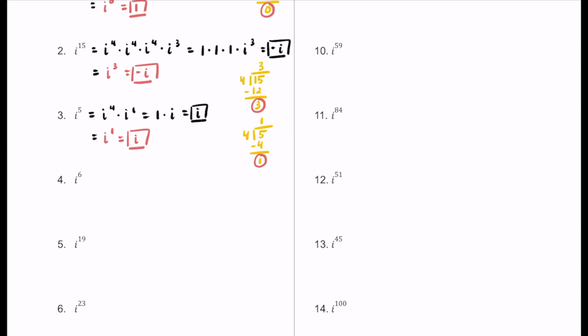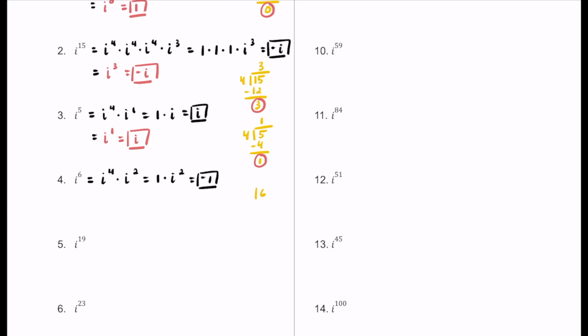All right, so moving on to number 4, we have i to the 6th power, and you can write this as i to the 4th power times i to the 2nd power, right? And so i to the 4th power is equal to 1, so it's 1 times i squared, and i squared equals negative 1. Again, you want to memorize your first 4 powers of i, starting with i to the 0th power, and that makes it a lot easier to evaluate.